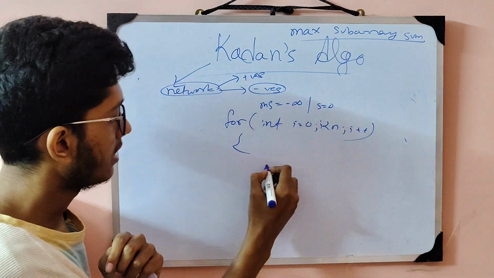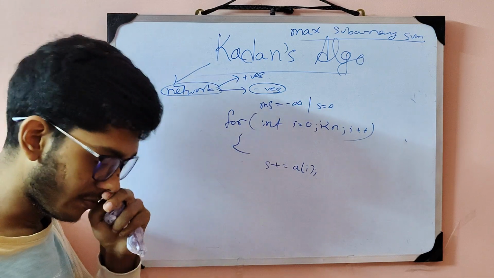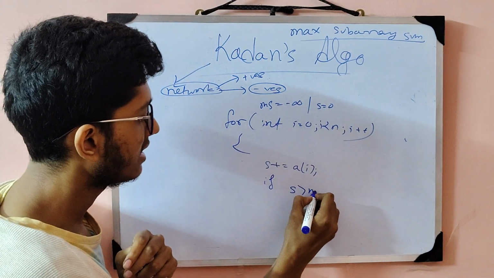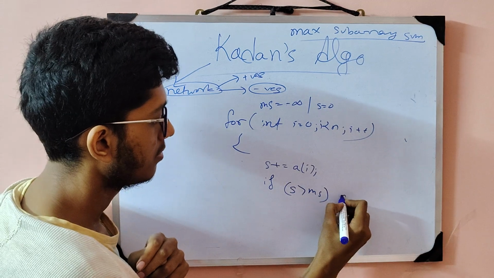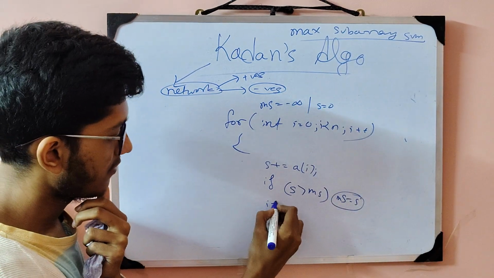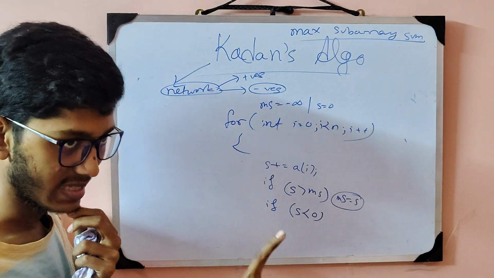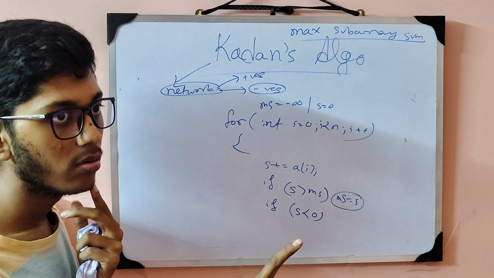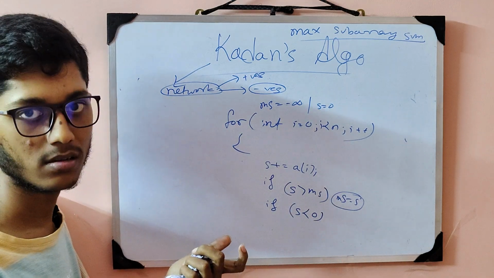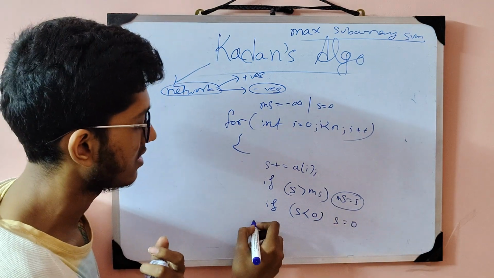We do sum plus equals a[i]. We are adding the element which we are currently at, and if my sum is greater than maximum, then max sum is equal to sum. If my sum is less than 0, that means my sum is negative, then I don't need to take it. I will leave it, and make my sum 0 for the next iteration.